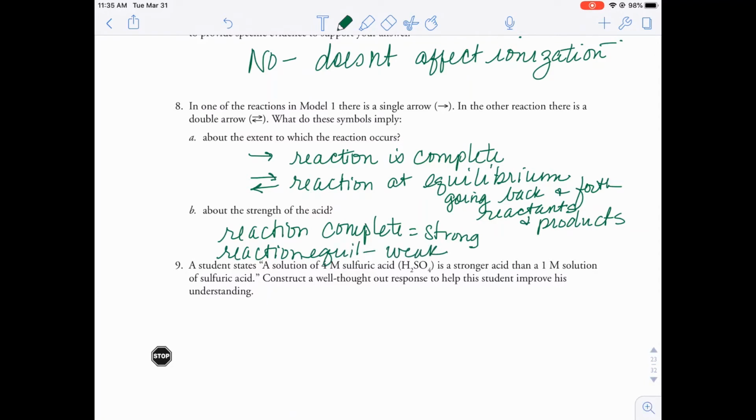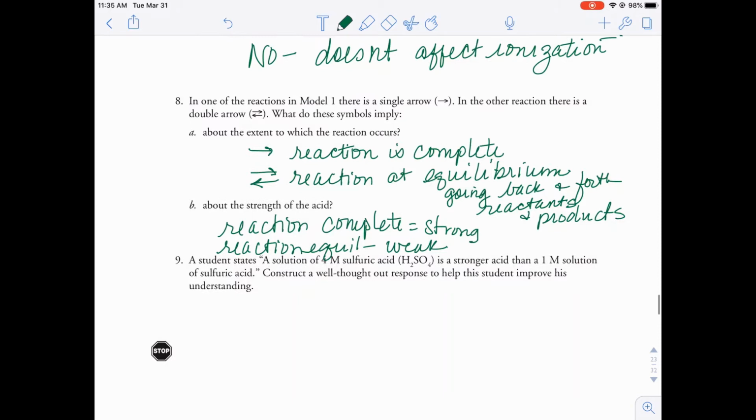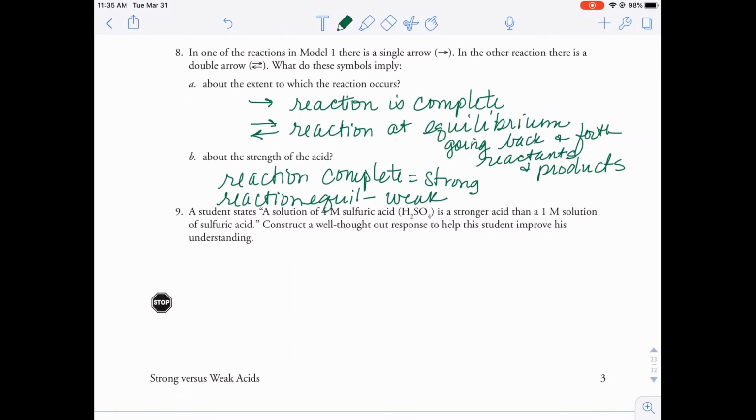A student states a solution of 4 molar sulfuric acid is stronger than a 1 molar sulfuric acid. Construct a well thought out response to this. Well, while a 4 molar is more concentrated, both will ionize completely.